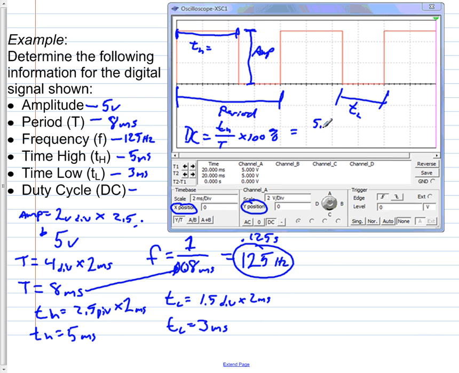So 5 milliseconds divided by the period, which was 8 milliseconds. And let's see, 5 divided by 8 gives us 0.625. Okay, and if you multiply that by 100%, moving 2 spaces, we have 62.5% is our duty cycle. So we plug that in, 62.5%. And then we've just basically determined what we need to know from this digital signal.